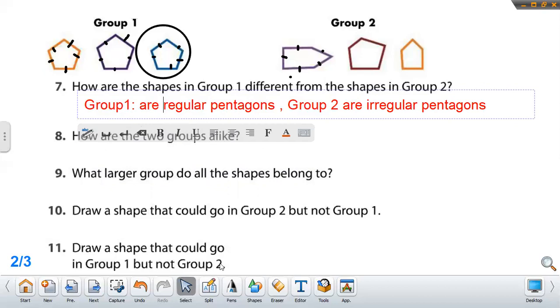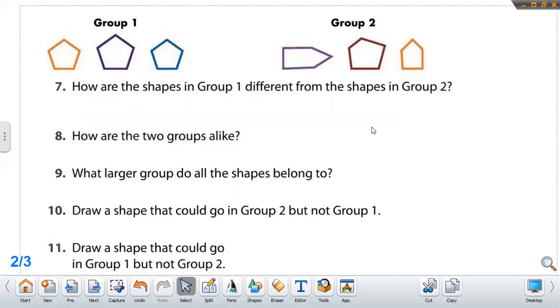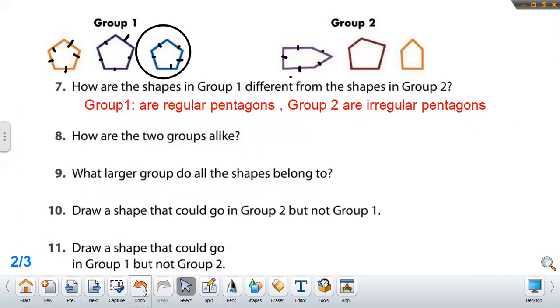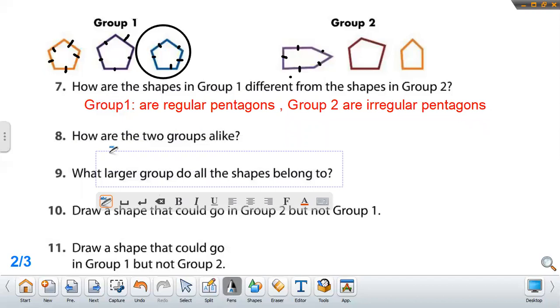Okay, how are they alike? Let's see. We said that each group has 5 sides, so they are alike in that each group has 5 sides.